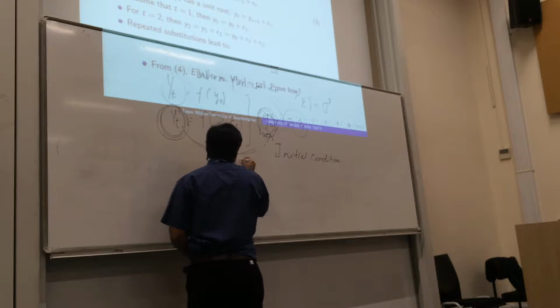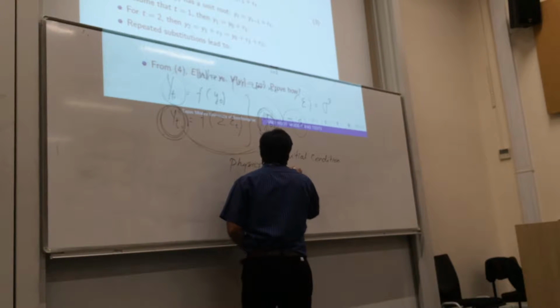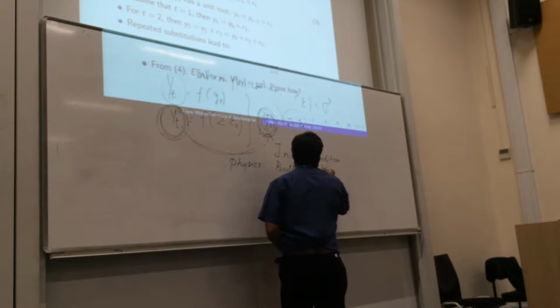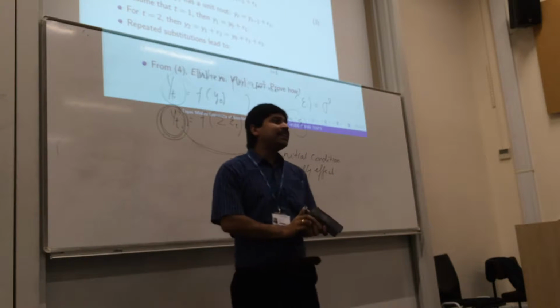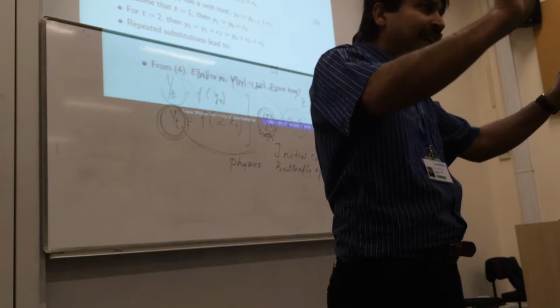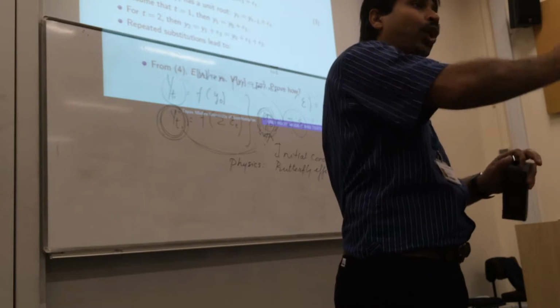In physics, this is called the butterfly effect. The butterfly effect is where, with the tiniest flap of the wing of a butterfly, the course of a storm changes.